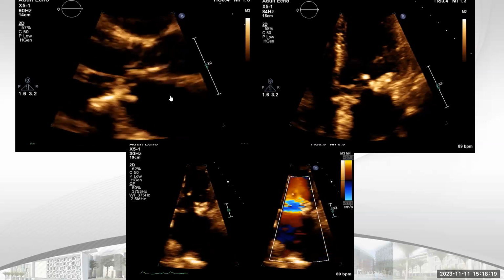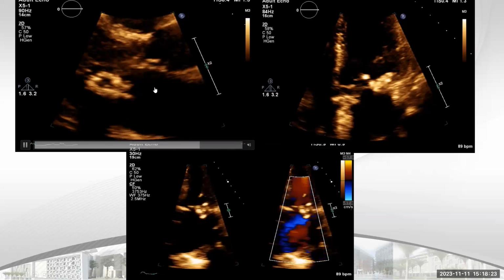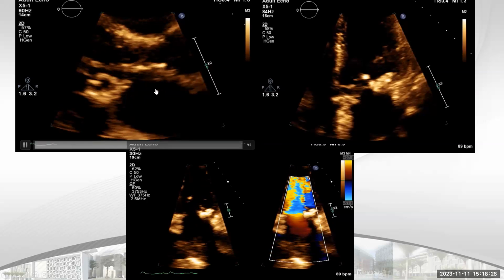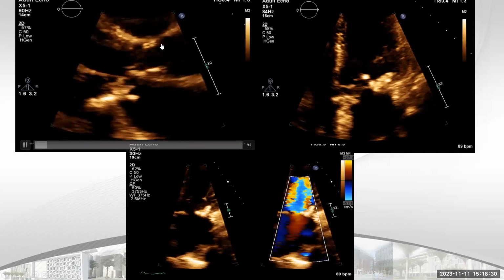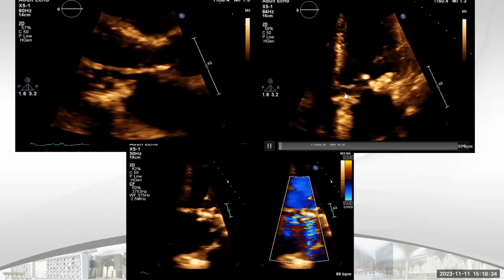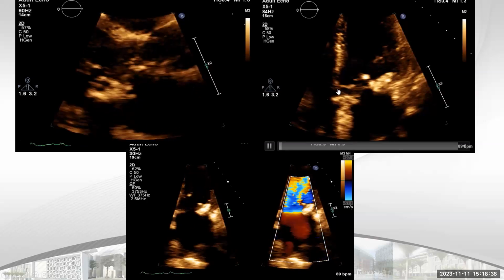Fistula is when you have a flow between two chambers which normally you don't have any flow between. Like between the aorta and the left atrium, or between the right ventricle and the left atrium, or between the right atrium and the left ventricle. You don't have any flow at all normally.